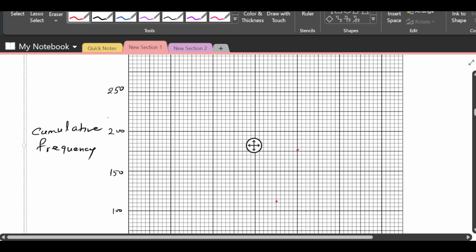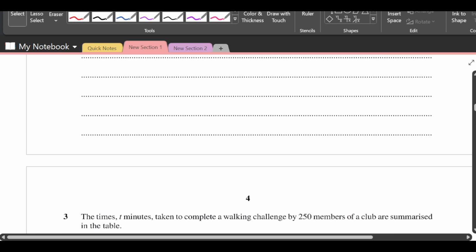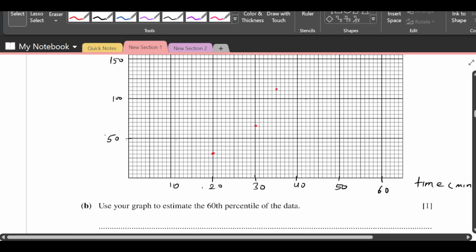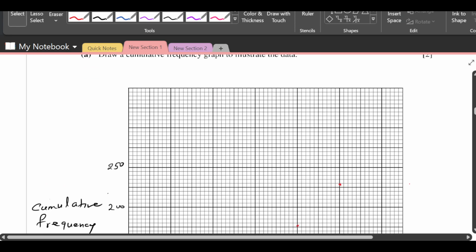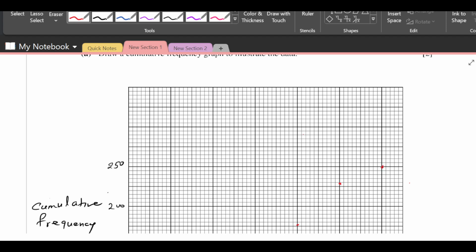So this is 200, 210, 220, 225, 228 is somewhere here. And last, at 60, we have 250. So 250 is this point.